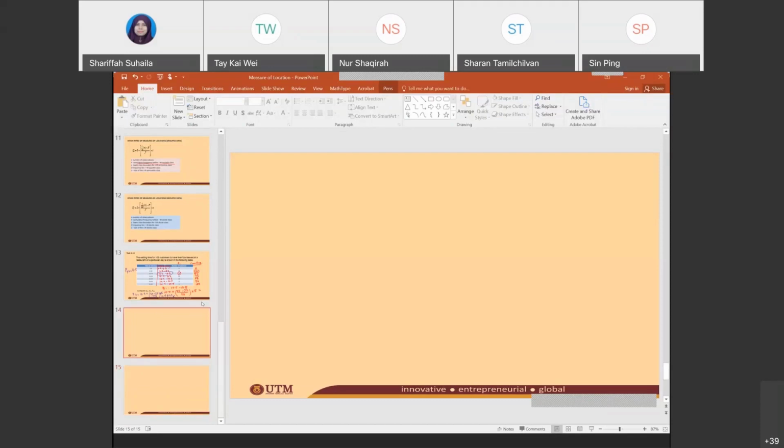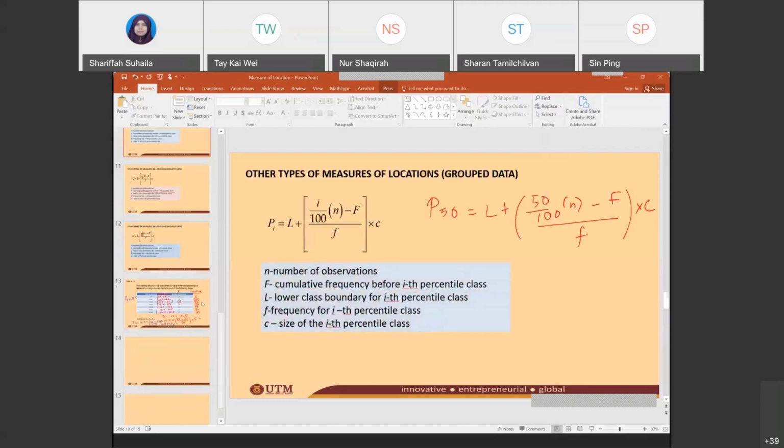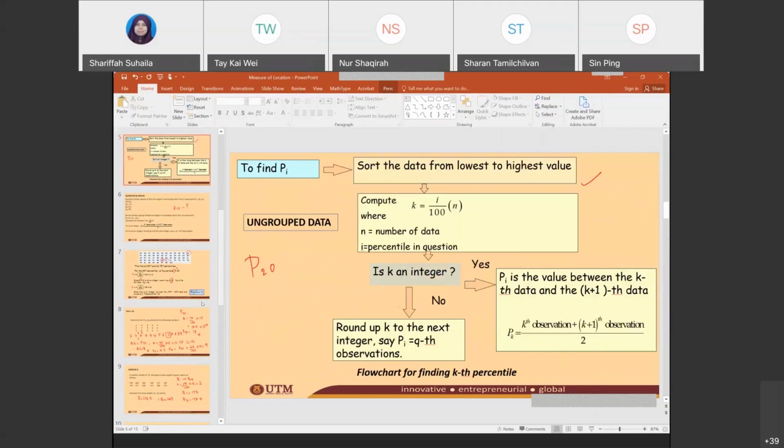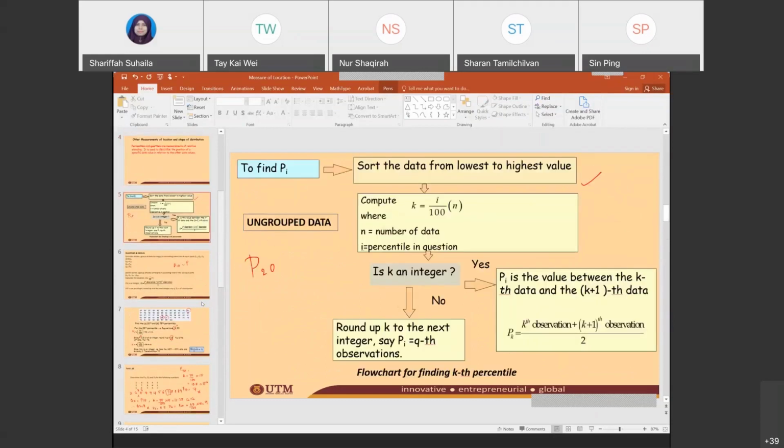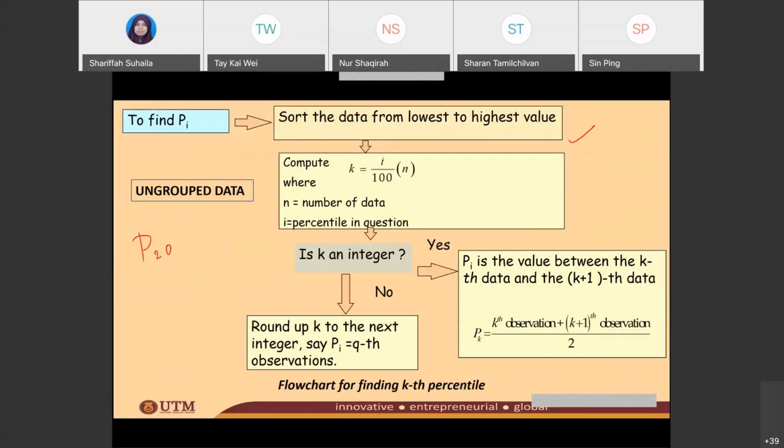Okay, let's go back. So we just have the formula. I think this flow chart here, you need to remember how it goes. Even though we give the formula, normally we give the formula for grouped data. But again, what the symbols represent, you have to know. For example, for ungrouped data, you have K equals I over 100 times N, and check whether this is an integer or not.